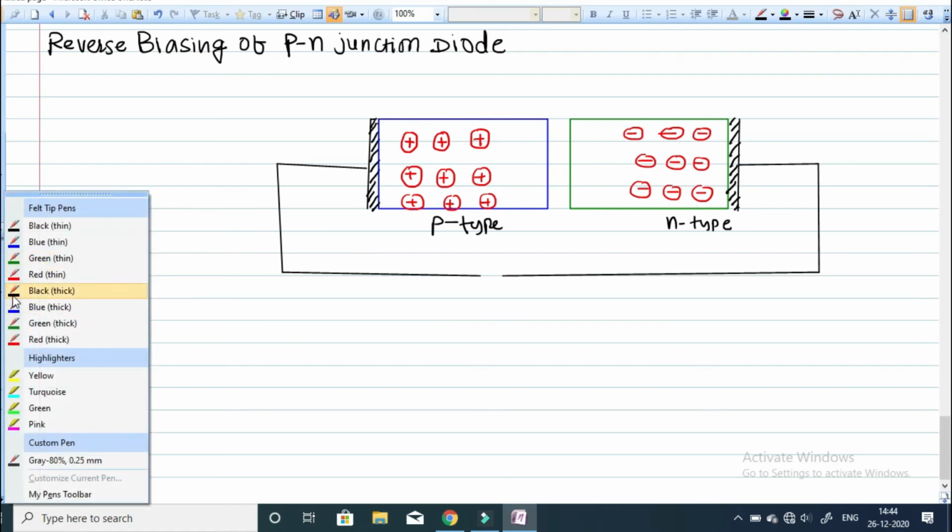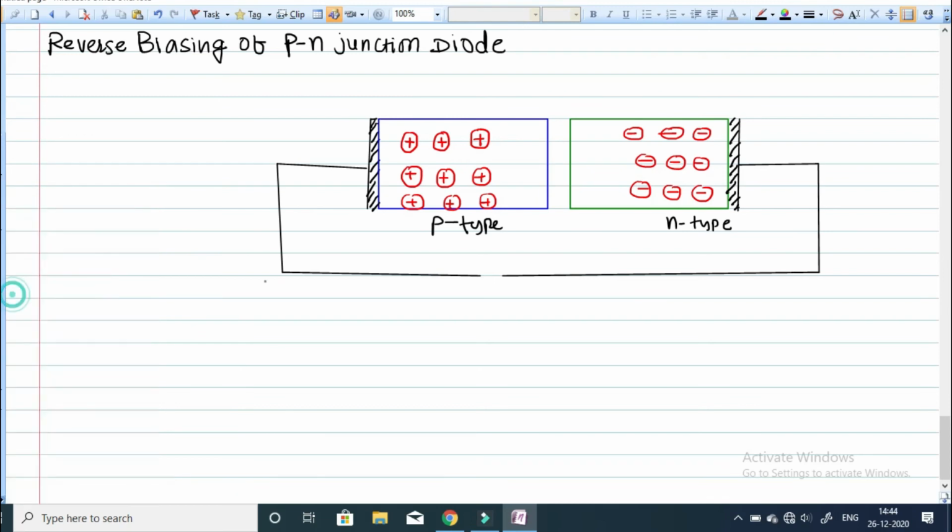When it is connected like this, the process is known as reverse biasing. This is our junction. So what will happen when it is reverse biased?